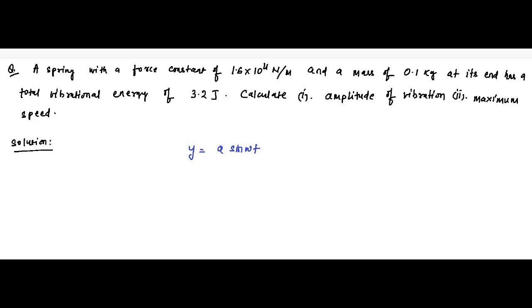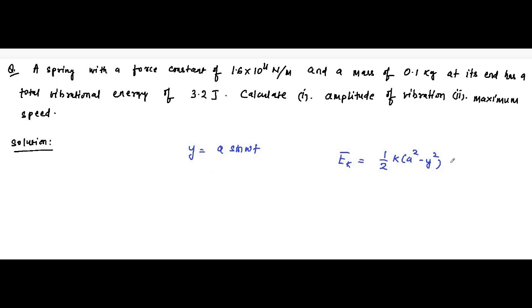Now we know that the kinetic energy for SHM is given by 1/2 k (A² − y²), where A is the amplitude and y is the instantaneous position of the particle undergoing SHM.